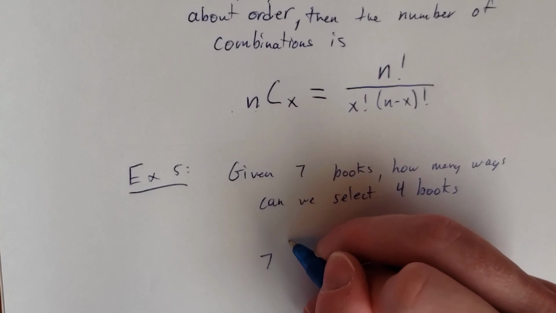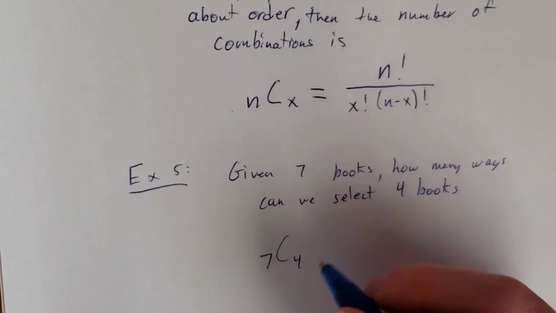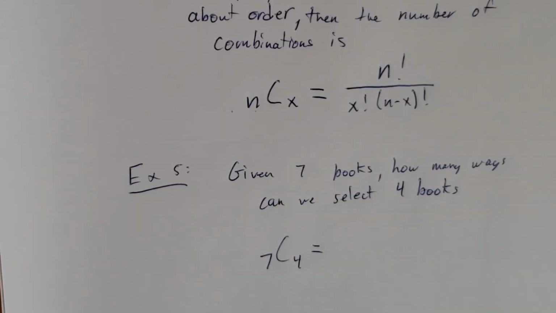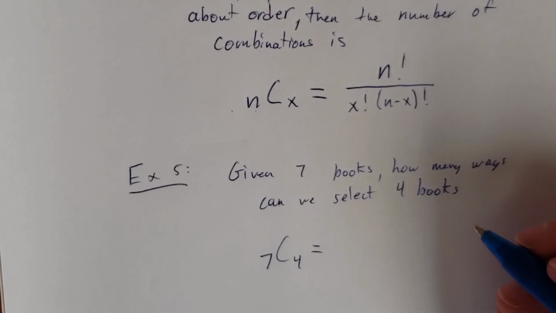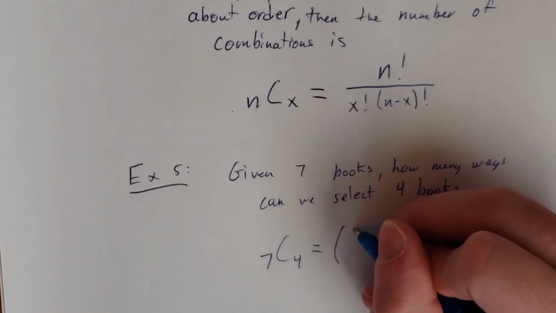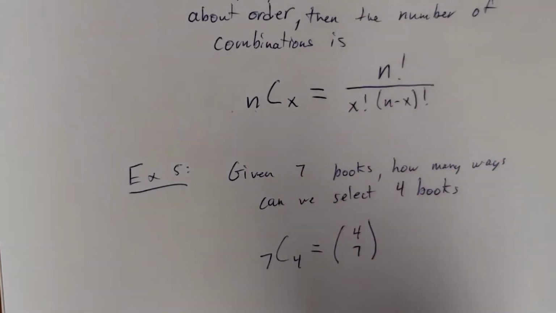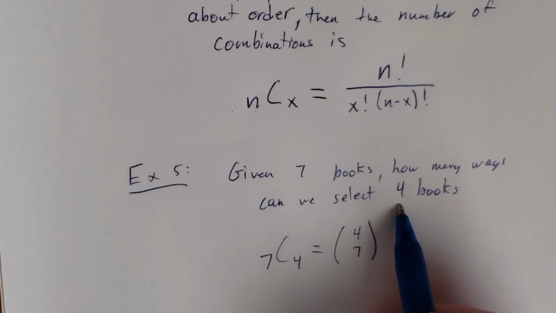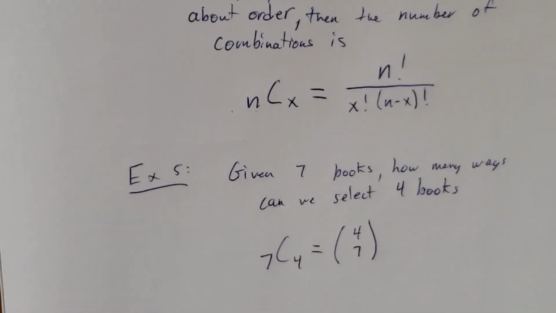So we get 7 books. This is called 7 choose 4. One way we can write this out is with this notation. It is called the choose notation. In other words, how many ways can we choose 4 books out of 7 books?